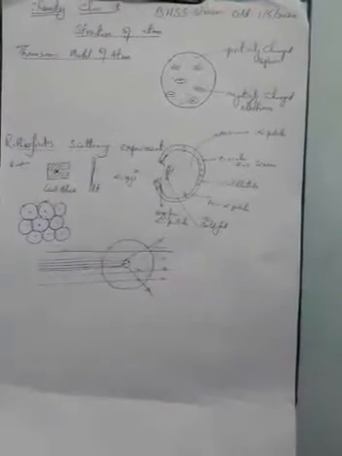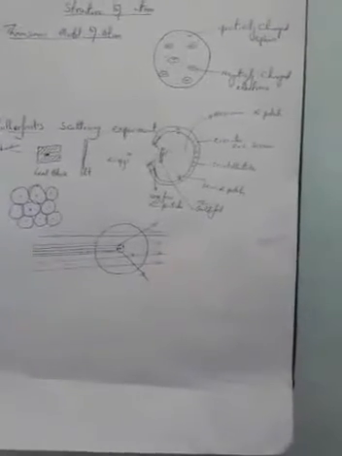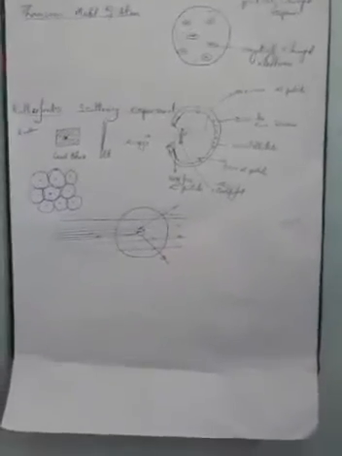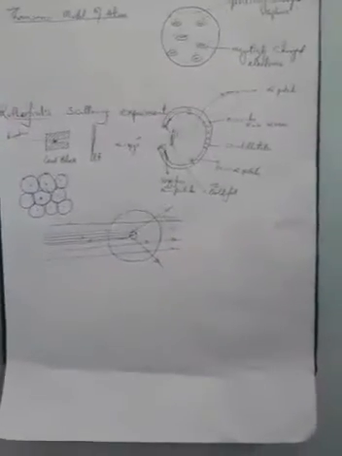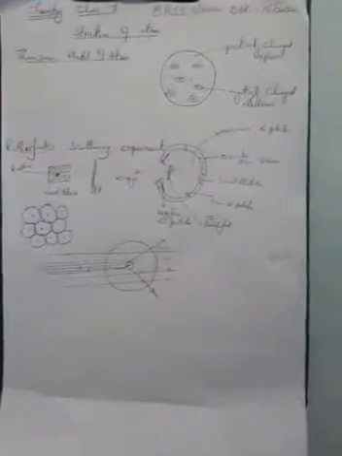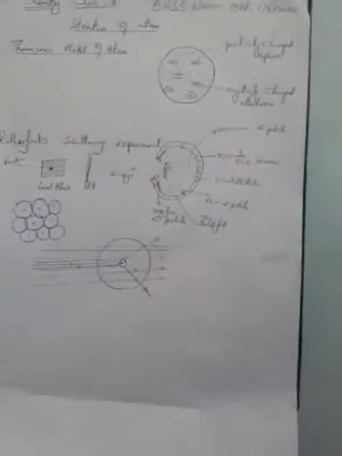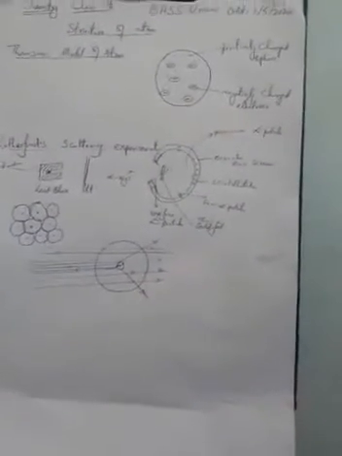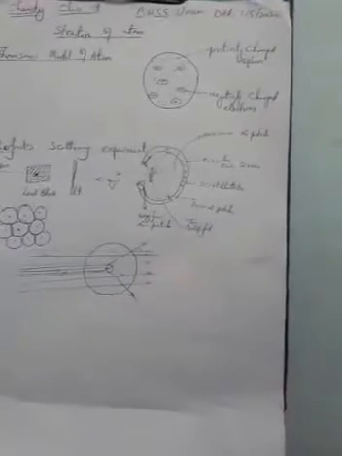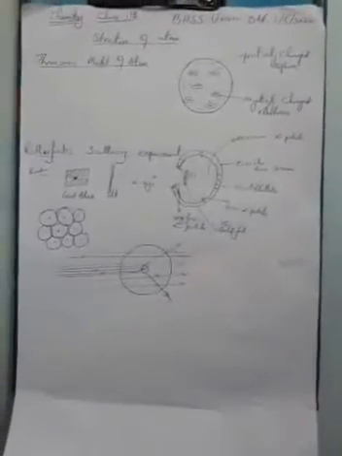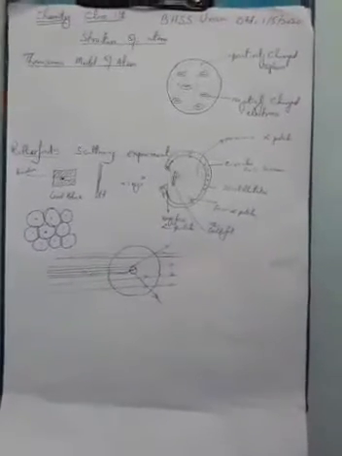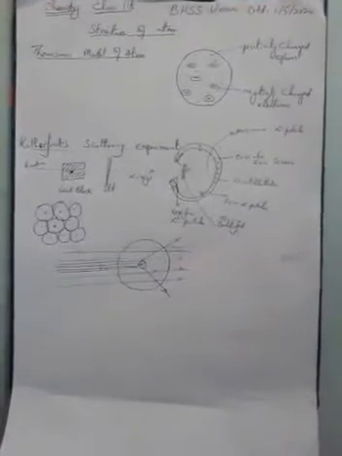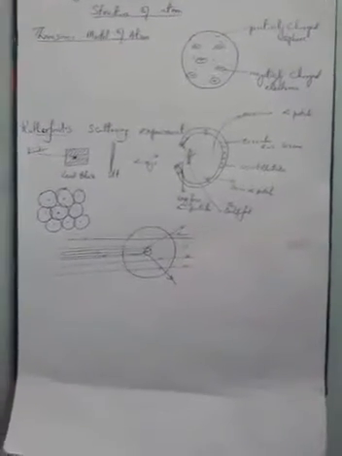There was no deflection. Some of the alpha particles suffered minor deflections, that means they were deflected at minor angles, and very, very few, that means 1 out of 20,000 particles, were deflected at large angles, or even retraced their paths.